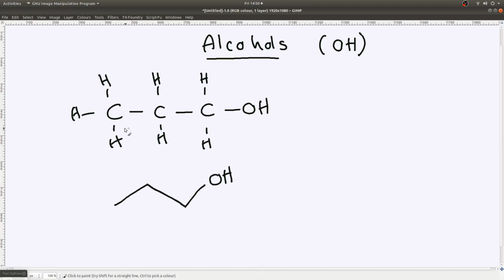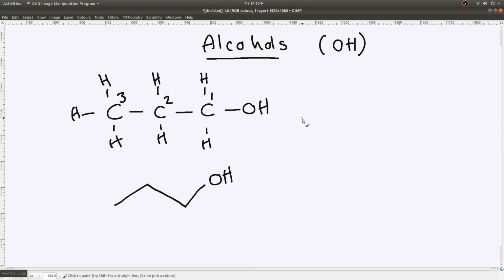So how are we going to name this molecule? Well, you can see here whether we look at the display formula or the skeletal formula, in both cases we've got 3 carbons in the chain, and we've got the alcohol group, the OH group, actually on the first carbon. So we would number this from the right hand side in order that we put the functional group on the lowest numbered carbon.